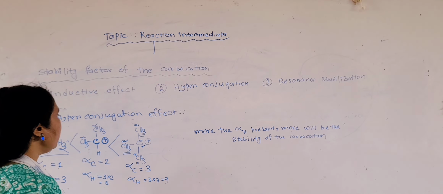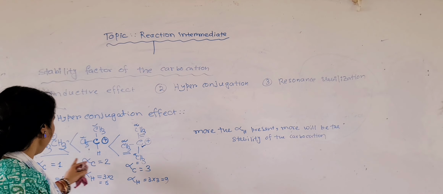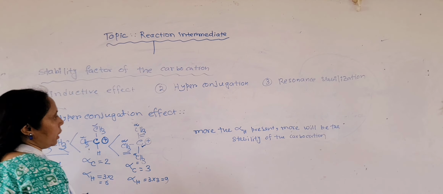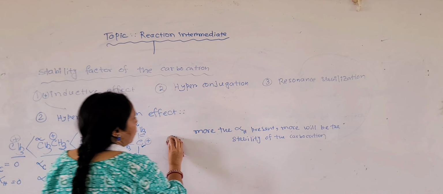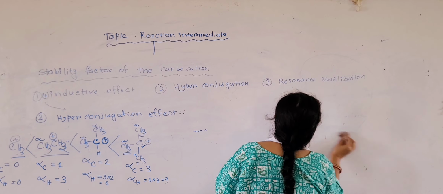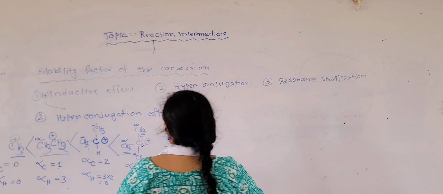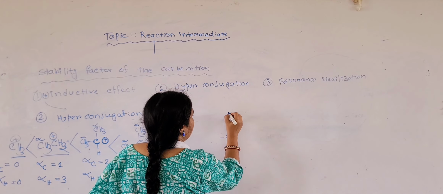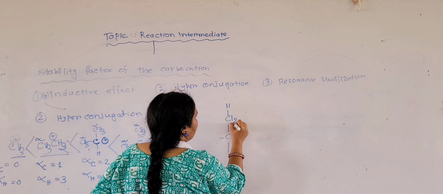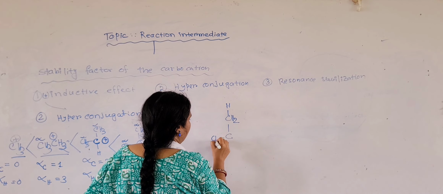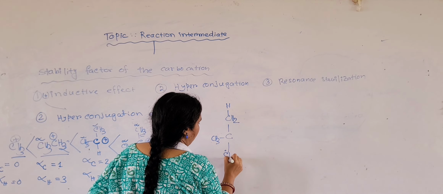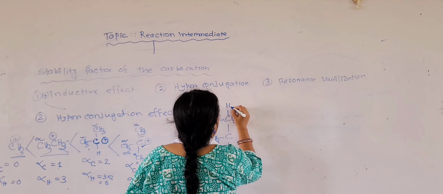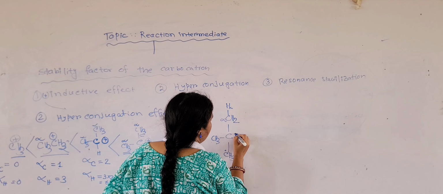Now I can show you one hyperconjugation structure. This is the alpha carbon, this is the alpha hydrogen, and this is the positive charge.